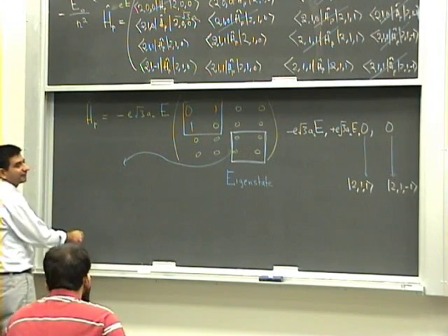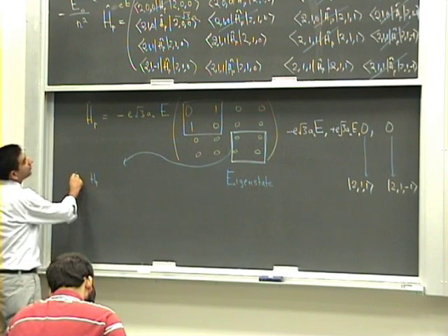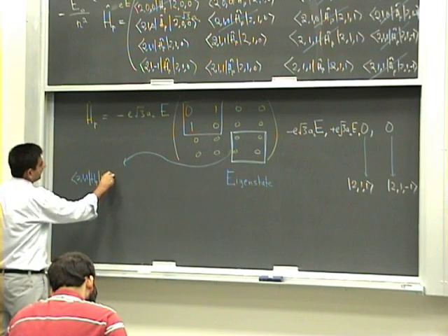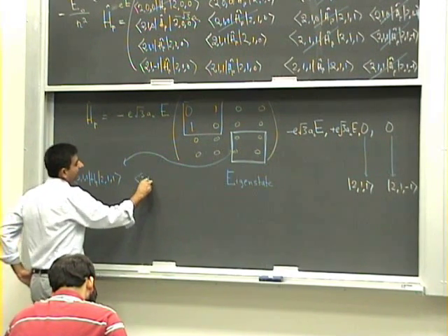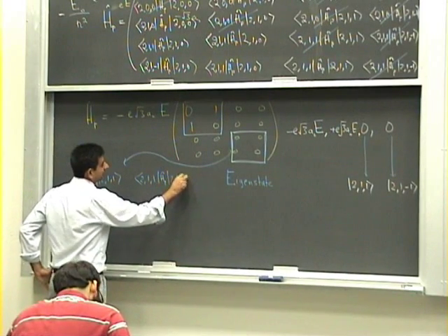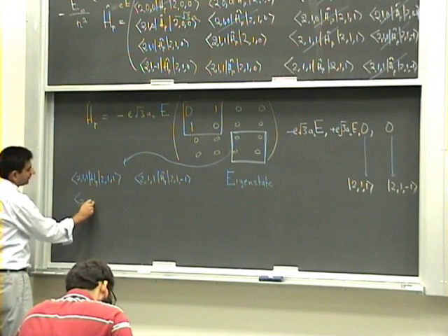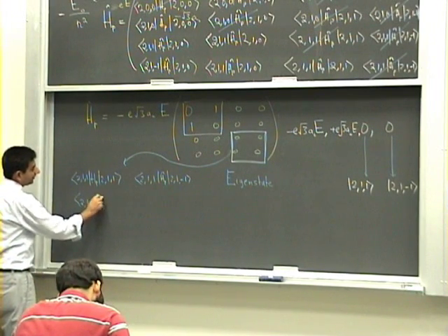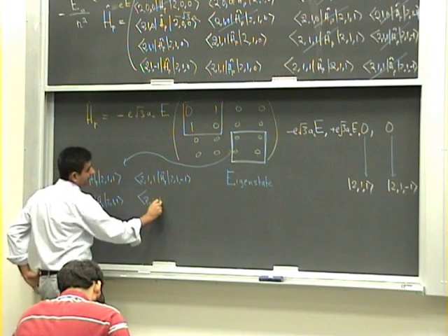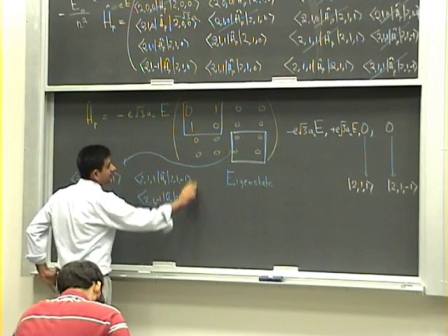The elements of this matrix are ⟨2 1 1|HP|2 1 1⟩, ⟨2 1 1|HP|2 1 -1⟩, right? So then these are the matrix elements. We have then ⟨2 1 -1|HP|2 1 1⟩ and ⟨2 1 -1|HP|2 1 -1⟩.